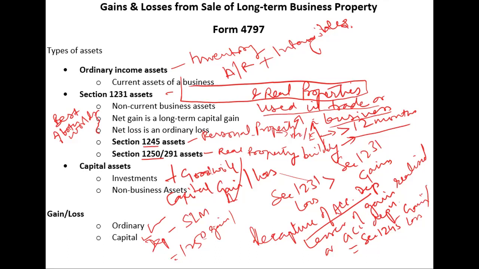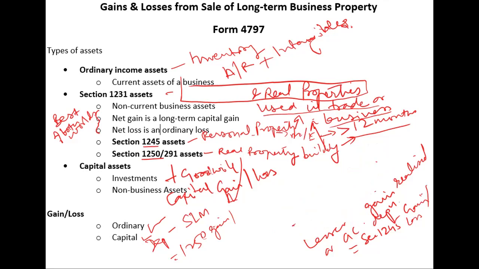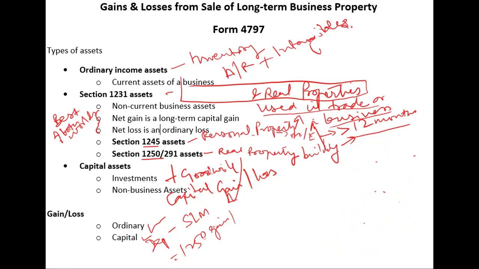Let's take an example. Say there is a personal property bought at $100, with depreciation of $30, so the basis is $70, and let's say it is sold at $120.